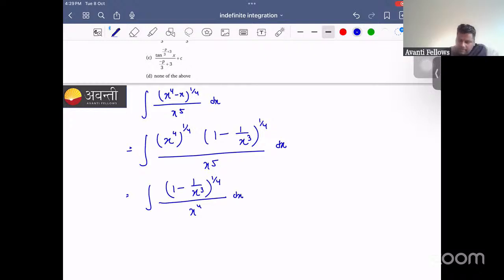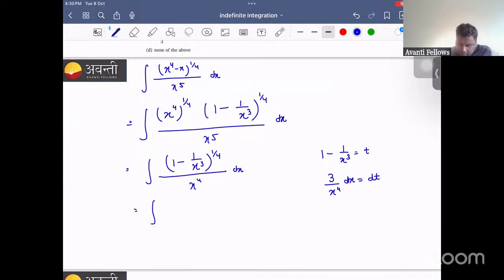Am I correct? Now let us assume this 1 minus 1 upon x cube is t. So 3 upon x to the power 4 dx will be dt. So 1 minus 1 by x cube will be t to the power 1 by 4. dx upon x to the power 4 will be dt by 3.